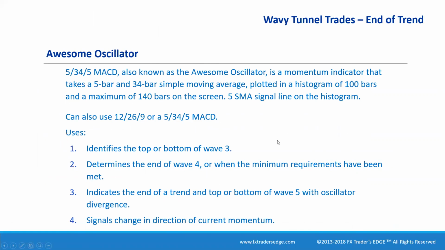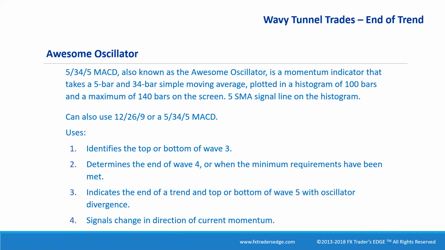So the Awesome Oscillator is a 5-34-5 MACD. It's a momentum indicator that takes a 5-bar and a 34-bar simple moving average plotted in a histogram of 100 bars and a maximum of 140 bars on the screen. And we put the 5 SMA signal line on the histogram.